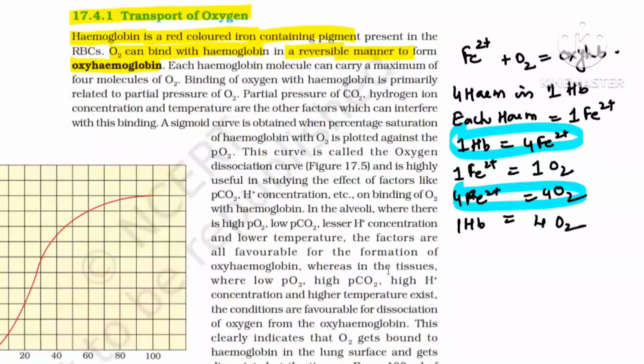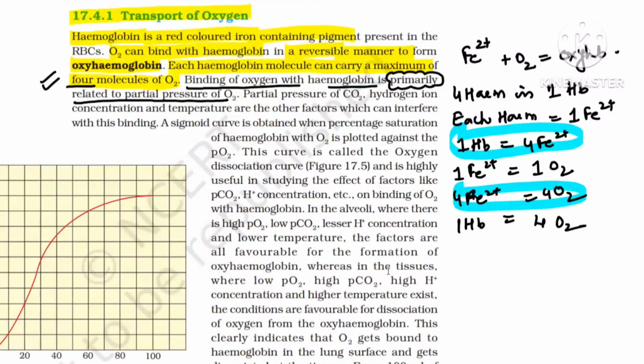So see carefully. Each hemoglobin can carry a maximum of 4 molecules of oxygen. Clear? Maximum it can carry how many oxygen molecules? 4. And binding of oxygen with hemoglobin depends mainly, primarily, on the partial pressure of oxygen, though other factors will also play a role.